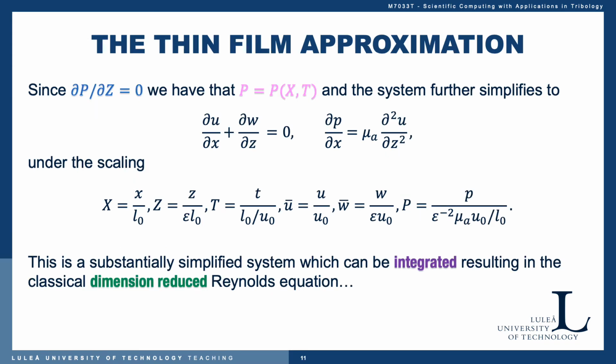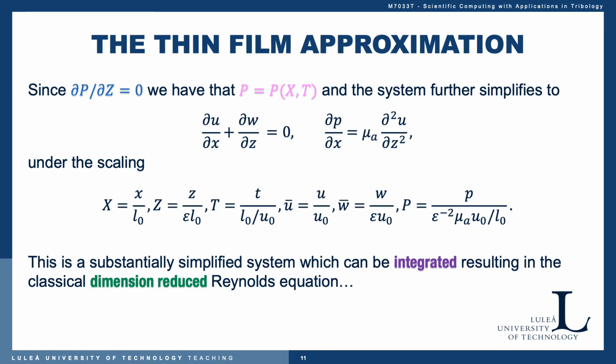And since the film is thin, with the scaling that we were actually able to obtain, as given here below, we were able to find a reduced system in which the derivative of p with respect to z was 0, meaning that p is just a function of x and t maybe, so independent of z.